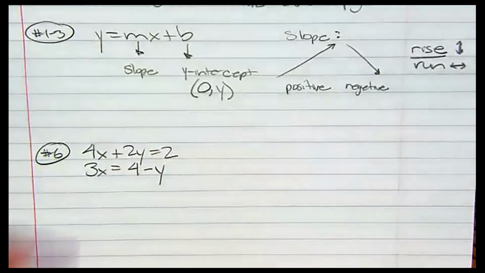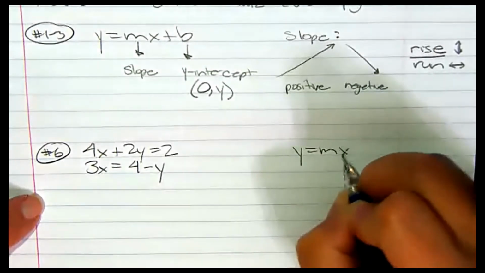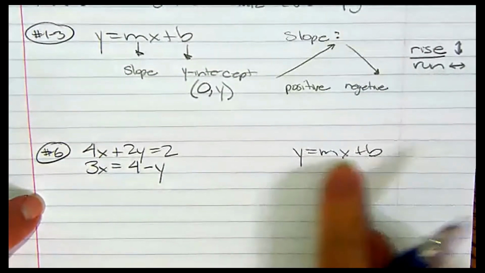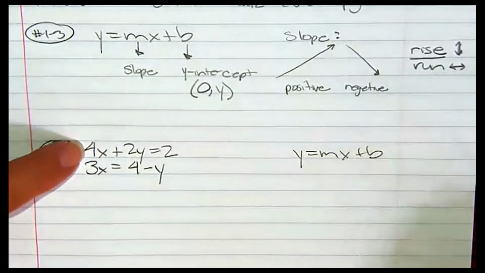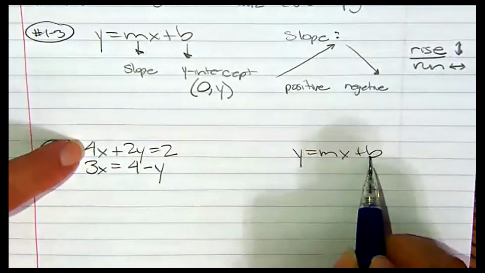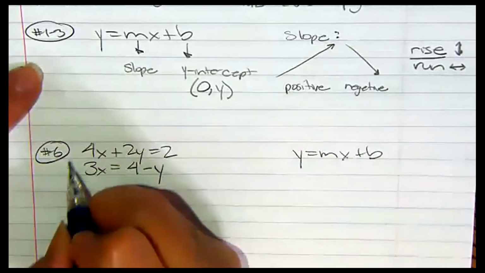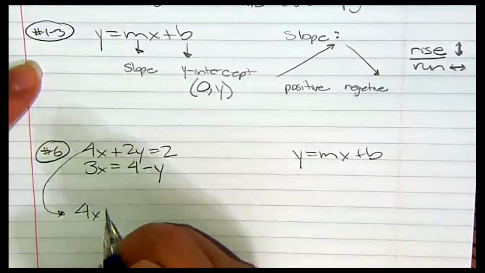To solve this system by graphing, each of these equations needs to be in slope-intercept form, y equals mx plus b. So let's rearrange this equation.